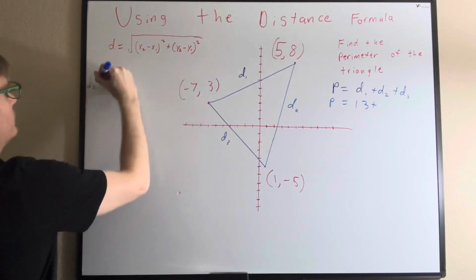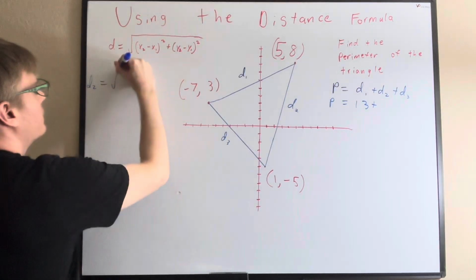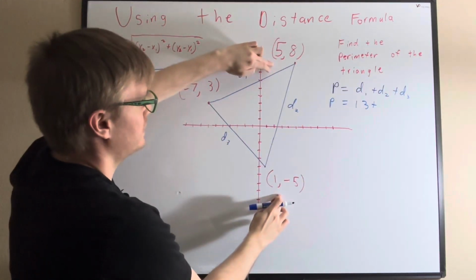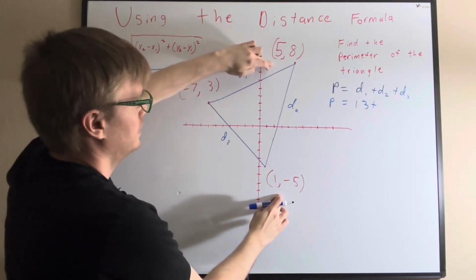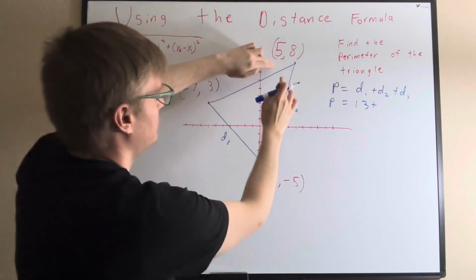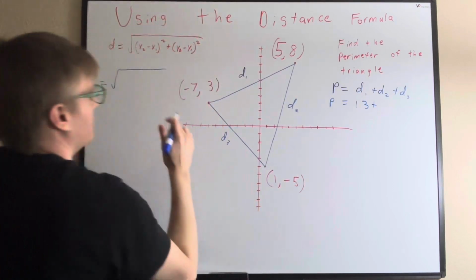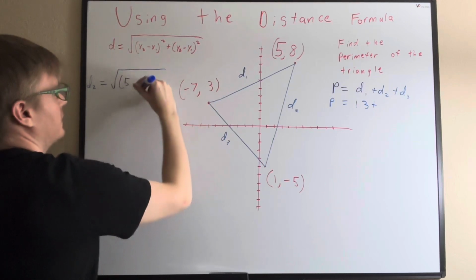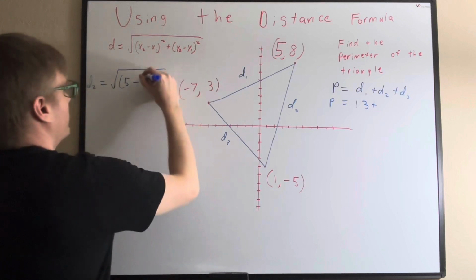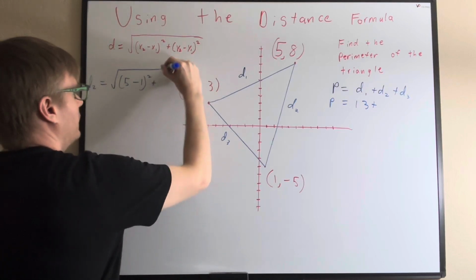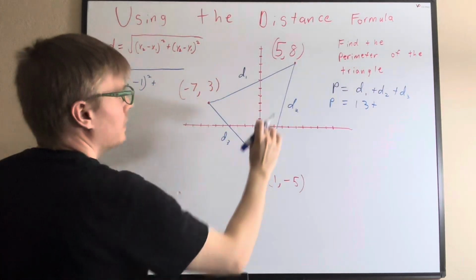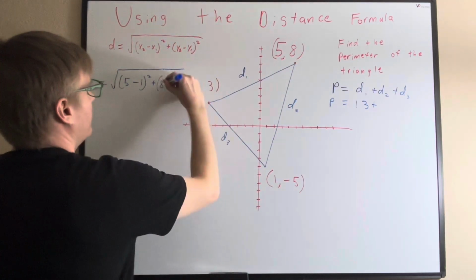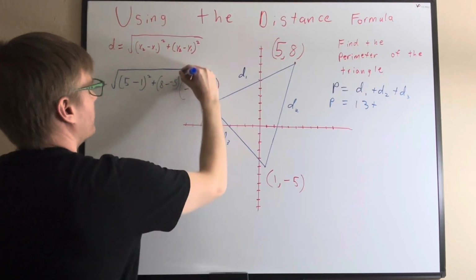All right. D2 now is this one. So we're looking at these 2 points. Doesn't matter which one we choose. So let's just choose 5, 8 as x2. 5 as x2. 5 minus 1 quantity squared plus 8 minus negative 5 quantity squared.